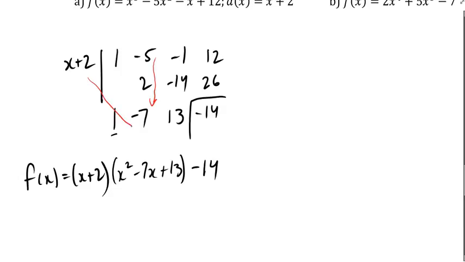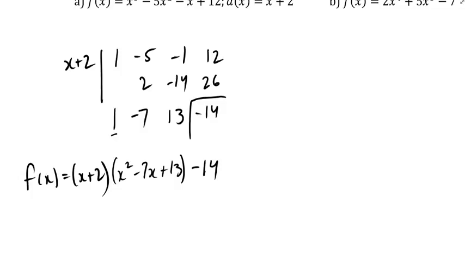Then I multiply 2 times negative 7 to give me the negative 14. Then I subtract negative 1 minus negative 14 plus 14, so that's 13. Then I multiply again. 2 times 13 is 26. Subtract 12 minus 26 is negative 14, which gives me my remainder.